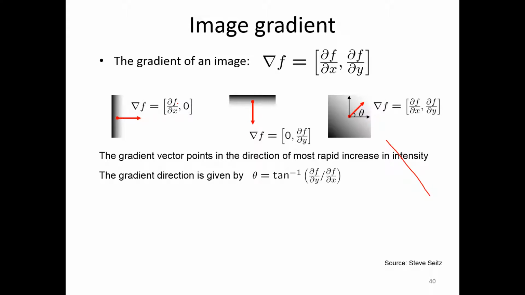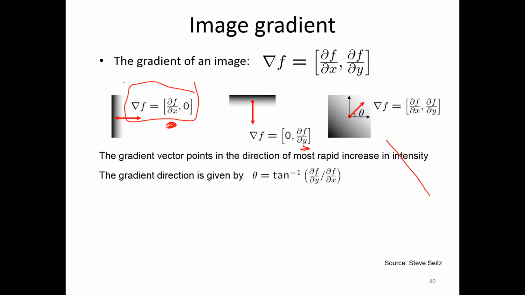And if you look at the result from both filters, you can essentially get the gradient, right? When you apply the horizontal filter, you're computing just the x component of the gradient, and if you use the vertical filter, you're computing just the y component of the gradient.